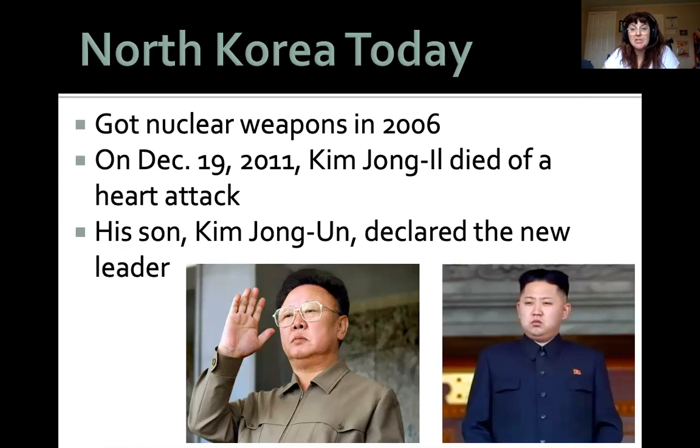So essentially at this point, they're a hereditary dictatorship, and it's probable that Kim Jong-un will have children and his children will become the next dictator of Korea after he dies, unless something happens. And Kim Jong-un had his brother assassinated in an airport a few years ago. So there's a lot of political intrigue around that.